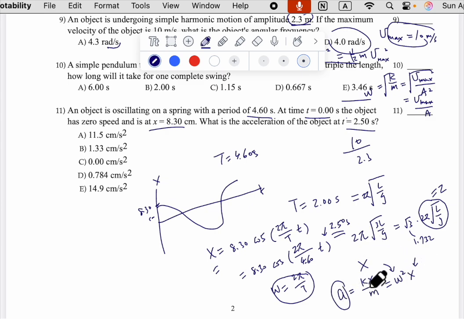That is your acceleration. Given the time, you can figure out the displacement from the position-time relationship. This problem takes a couple of steps to figure out. All right, so that's all for the chapter 13 quiz.